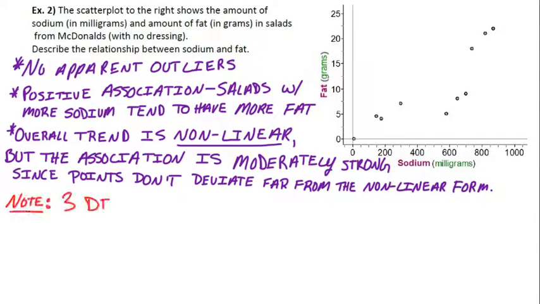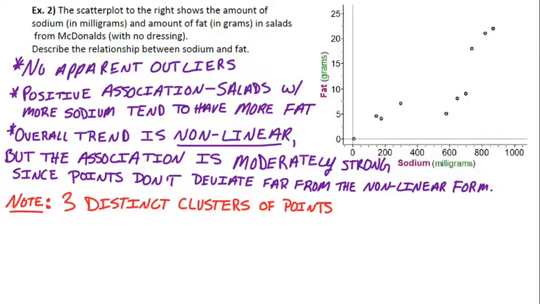Okay. And one thing I want to note, and you may be able to figure this out on your own, especially if you have the McDonald's menu in front of you. There's 3 distinct clusters of points here. Essentially they represent 3 kinds of salads. It has to do with chicken being in the salad.